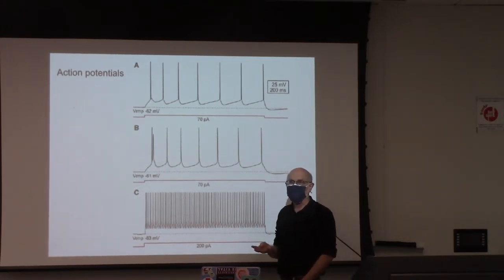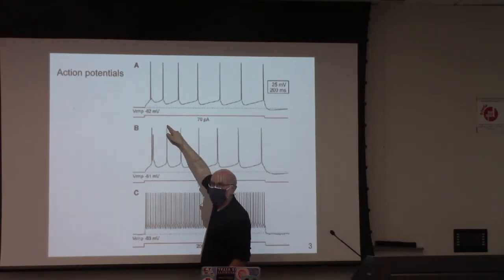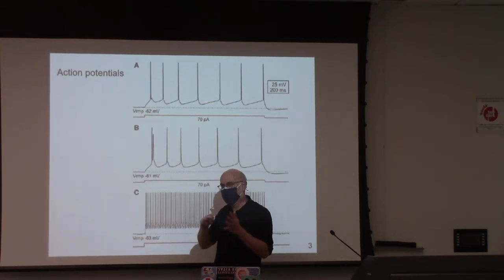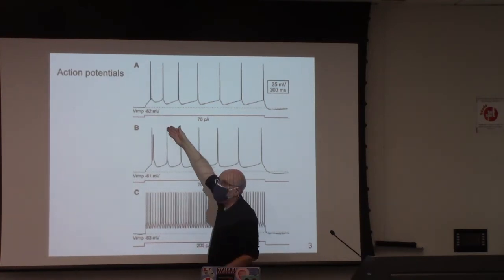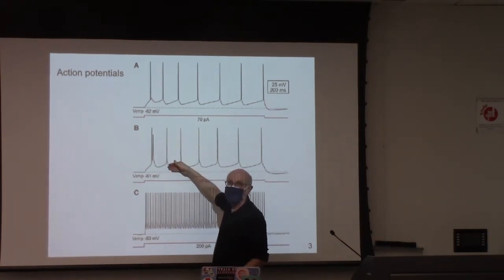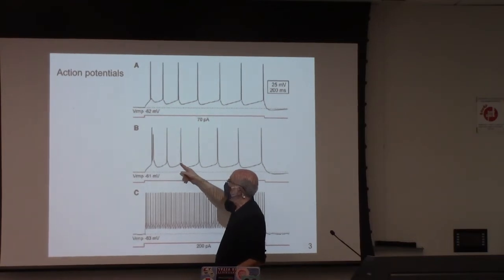But the basics are the same. Voltage-gated sodium channels are responsible for the upstroke because of that positive feedback loop that is then broken. The loop is broken by the inactivation of channels and the activation of potassium channels to bring the membrane potential back down. And then, in this case, the cell depolarized again to threshold.